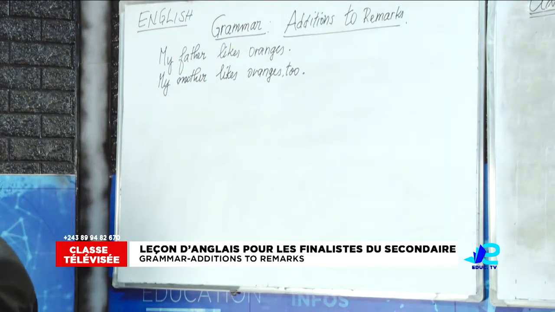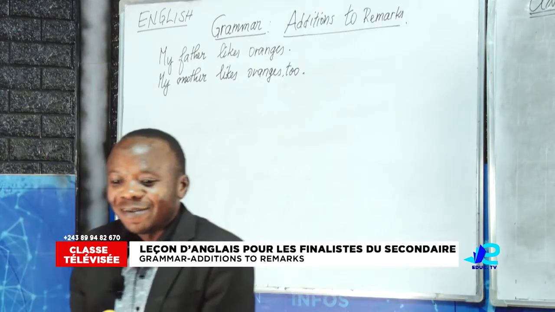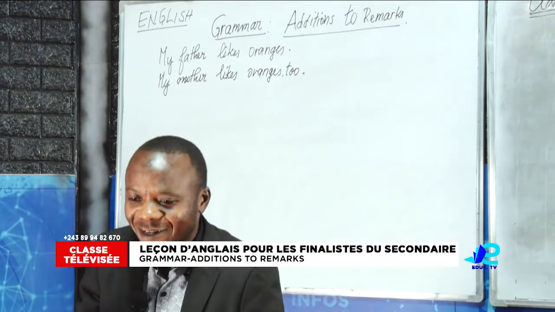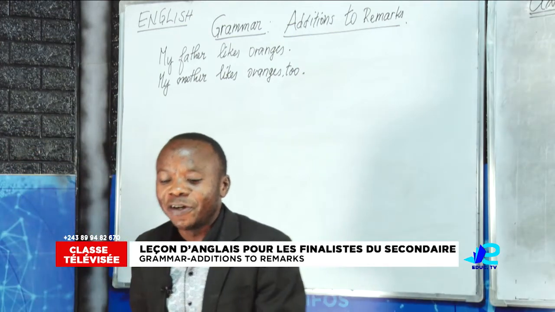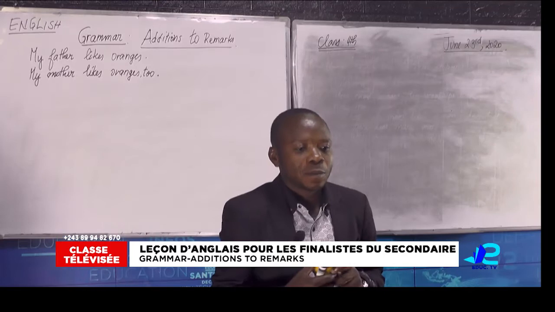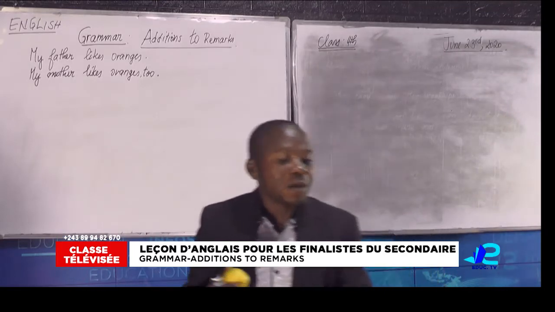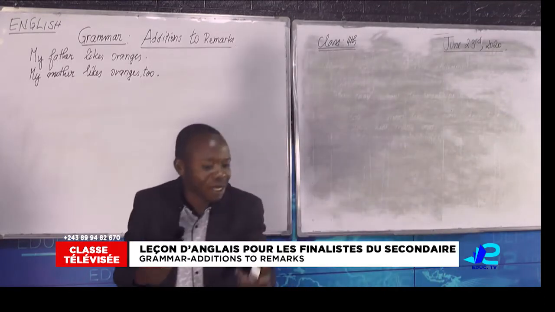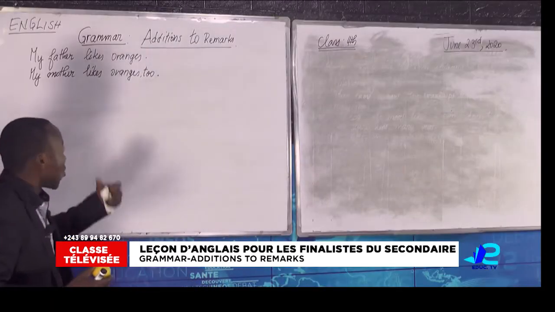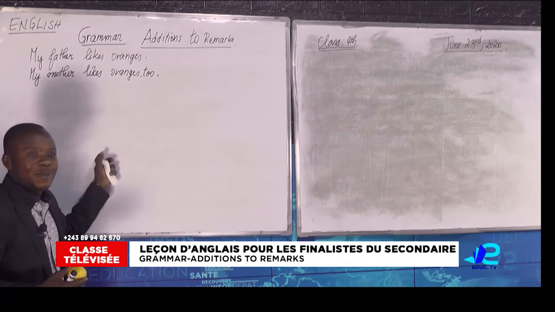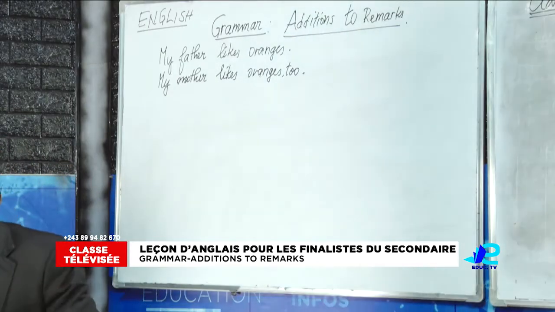So the question I can put to you, what does my father like? And what does my mother like? Okay, your answer must be, your father likes oranges and your mother likes oranges too.